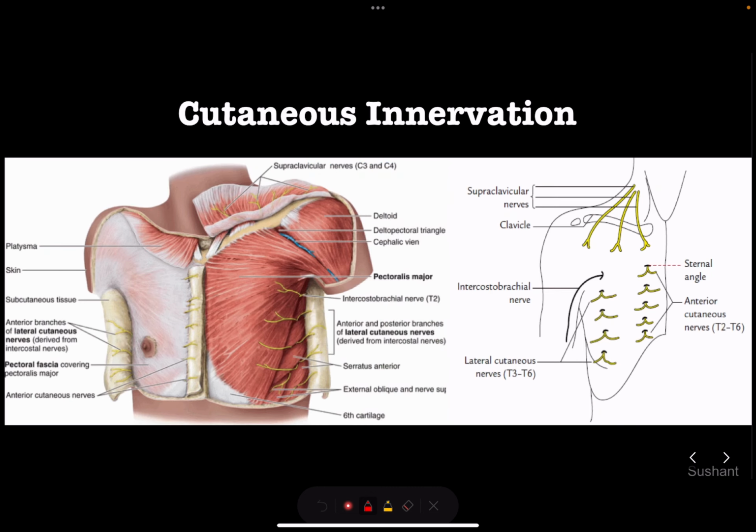Now coming to the cutaneous innervation on the anterior aspect of the pectoral region, it is basically by two groups of nerves. Above the level of the sternal angle, it is provided by the supraclavicular nerves, which derive their fibers from C3 and C4.